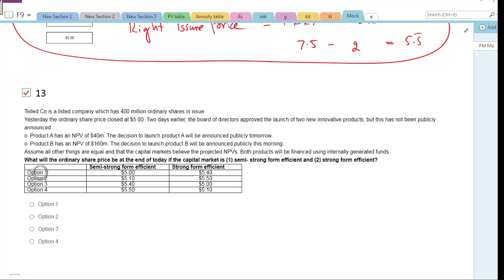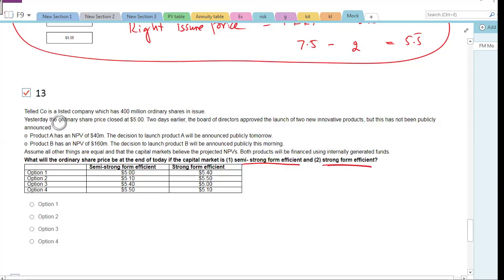So it says, what will be the ordinary share price at the end of today if the capital market is semi-strong form efficient, and strong form efficient? So basically, what will be the share price if the market is semi-strong and if the market is strong form efficient? Okay.